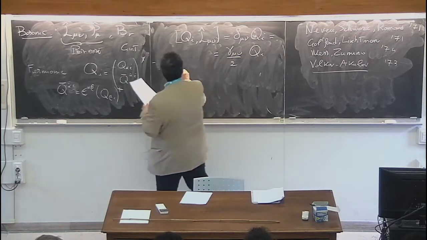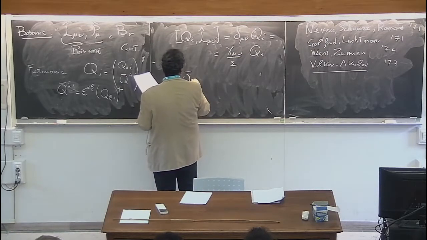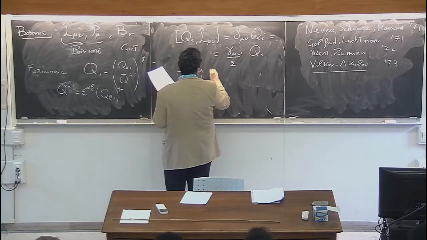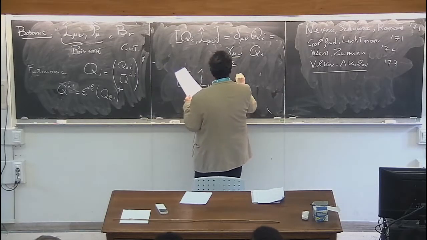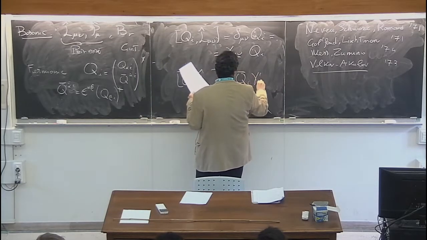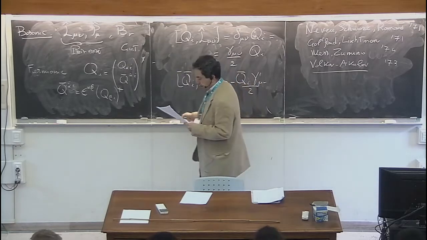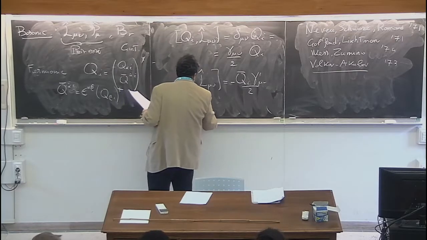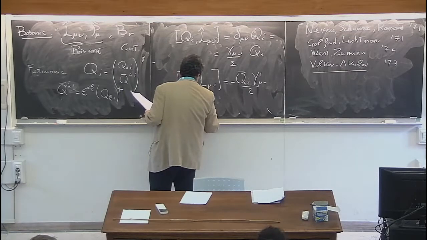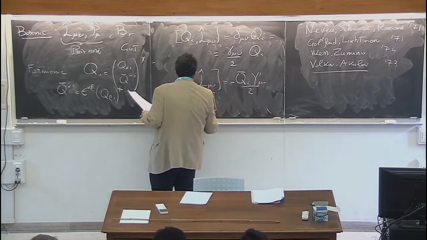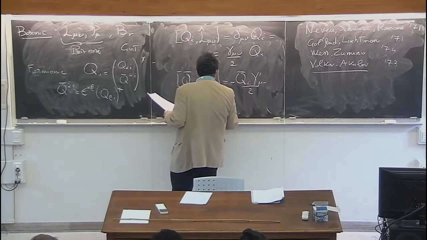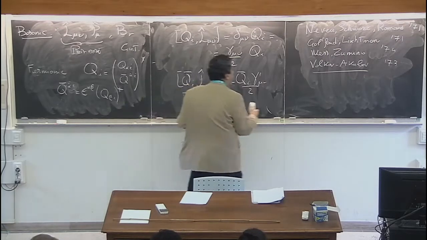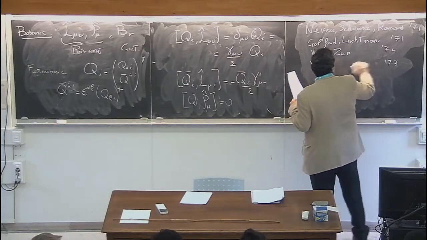So also Q bar I L mu nu is equal to minus Q bar I gamma mu nu half. Then Q commutes with P. This is what we have shown yesterday.